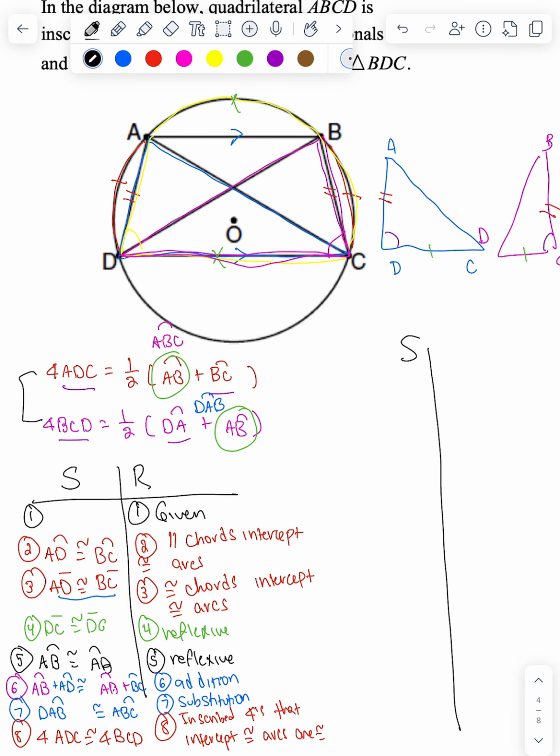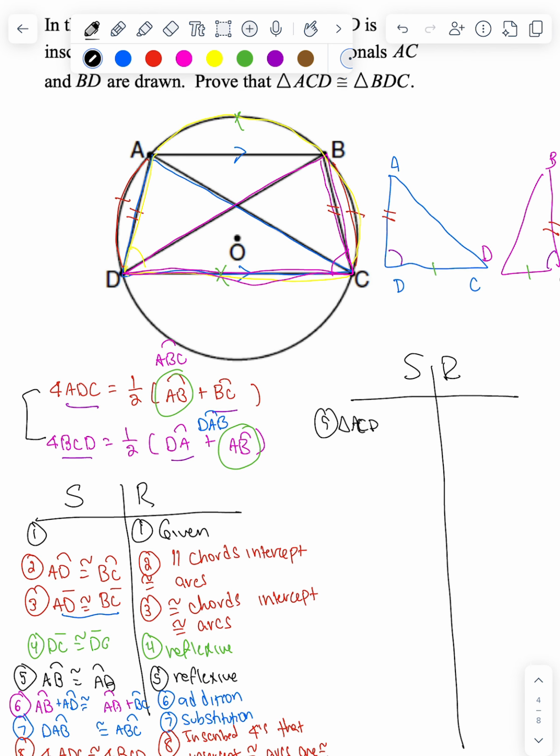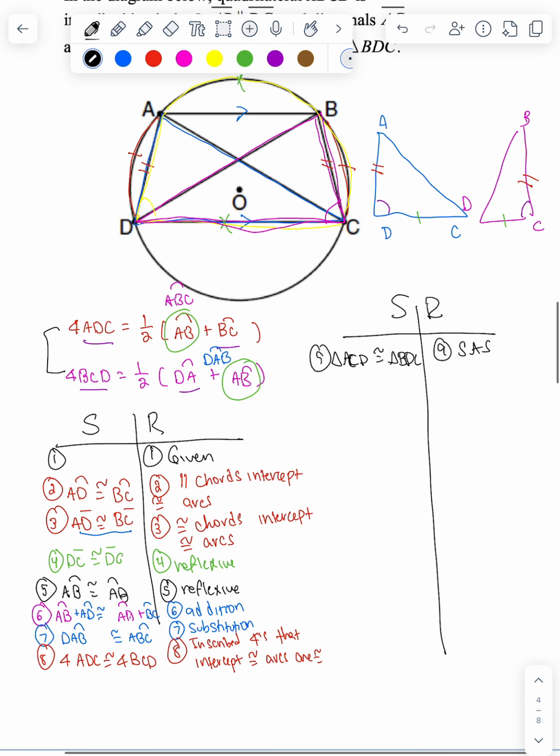And now I'm done with the proof because all I have to say now is triangle ACD is congruent to triangle BDC, and that's due to side angle side. This one was quite tricky here.